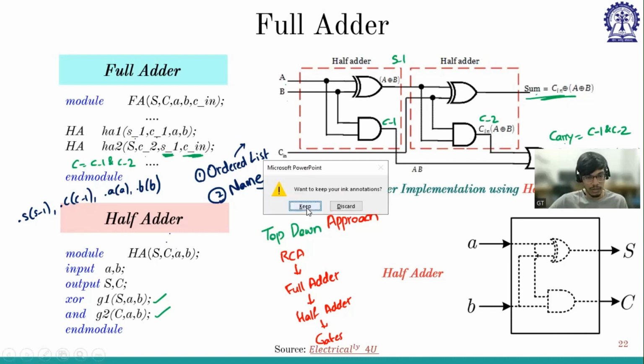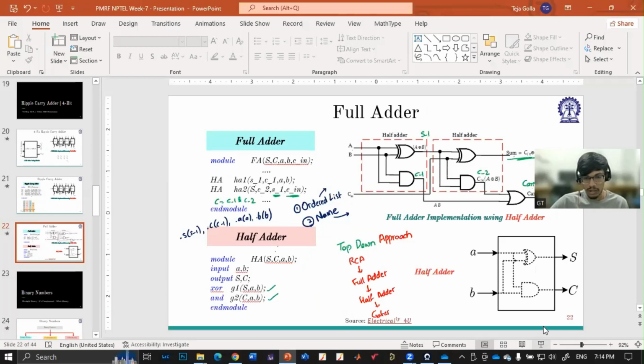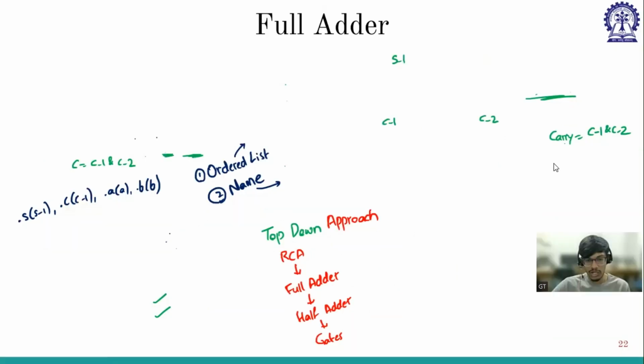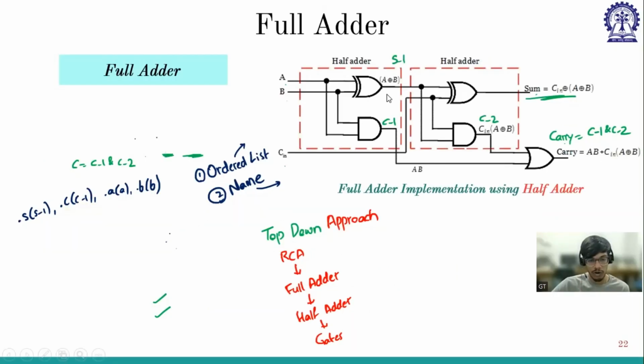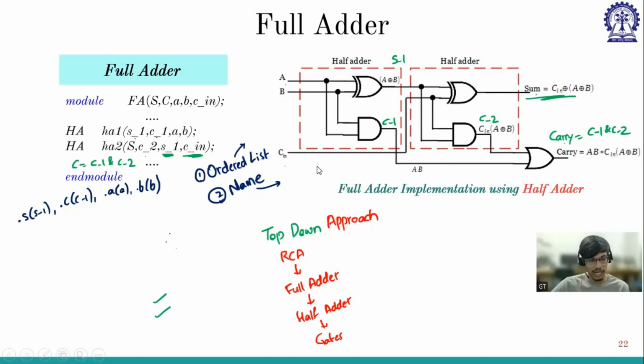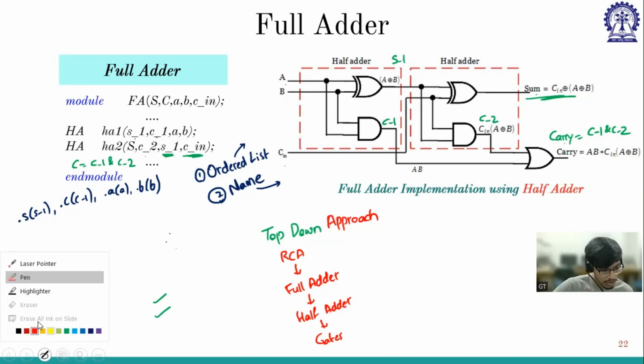Sir, actually the second half adder's C2 is nothing but the C of the full adder, right? No, the output carry is the carry of the first half adder and the carry of the second half adder. So output C is C1 and C2. Okay, you are correcting me.